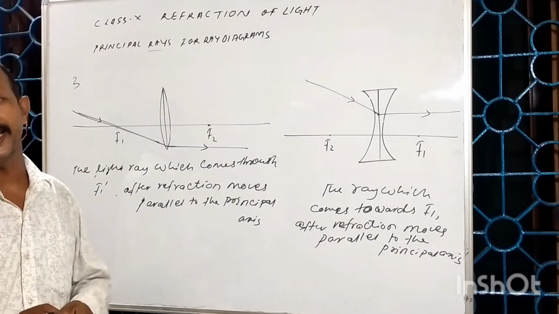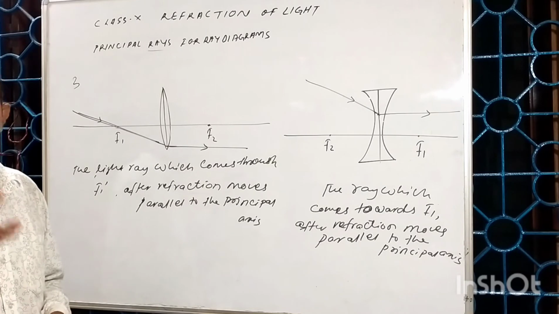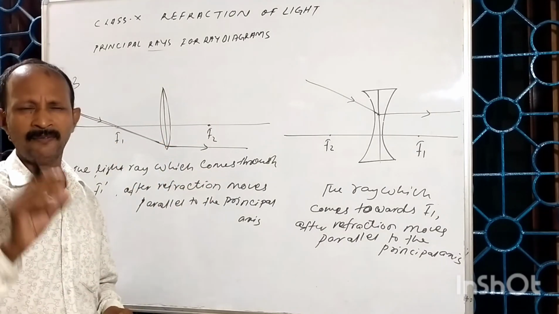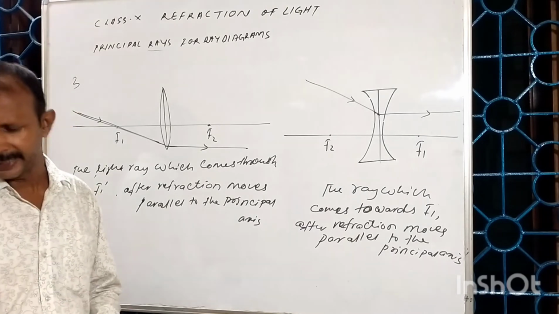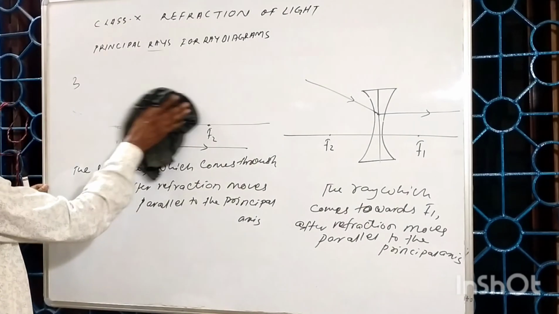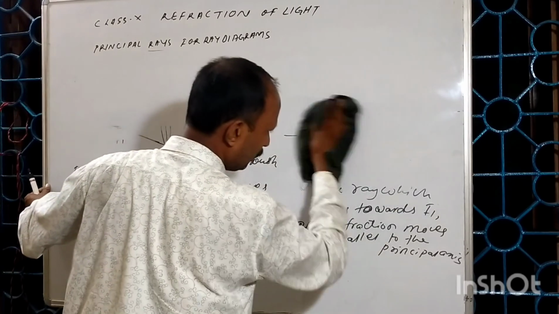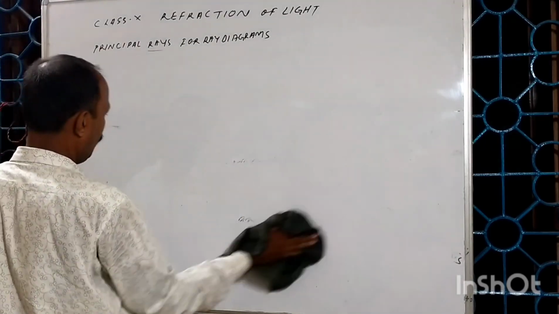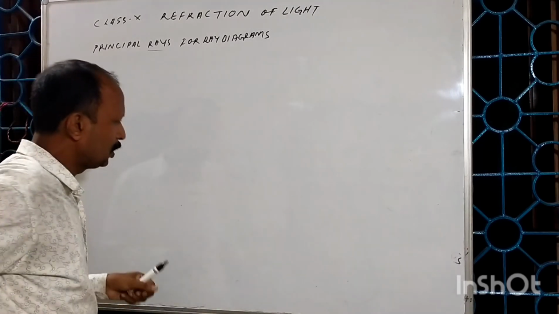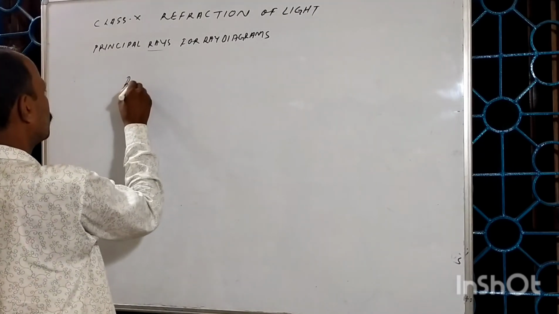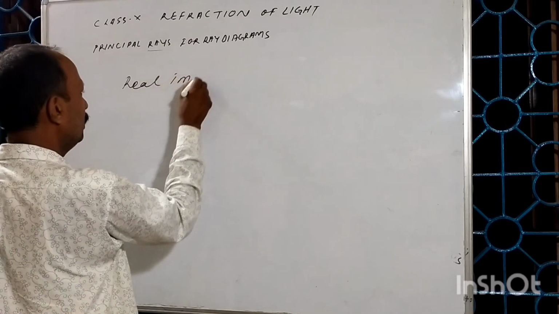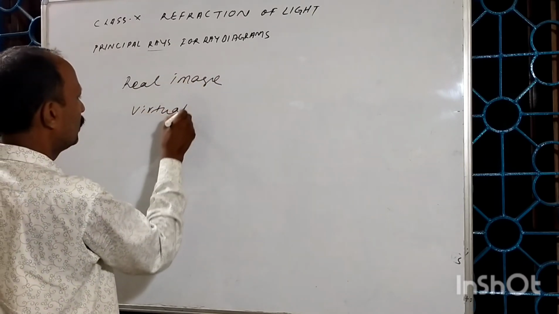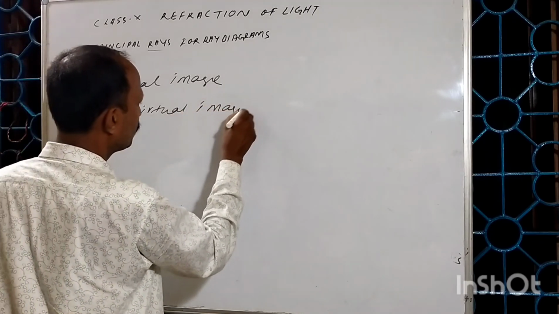So this is about some of the important light rays and how they behave after refraction. These rays will help us to draw the ray diagram. We know that there are two types of images we find here. What are the two types of images? One is the real image, the second one is the virtual image.